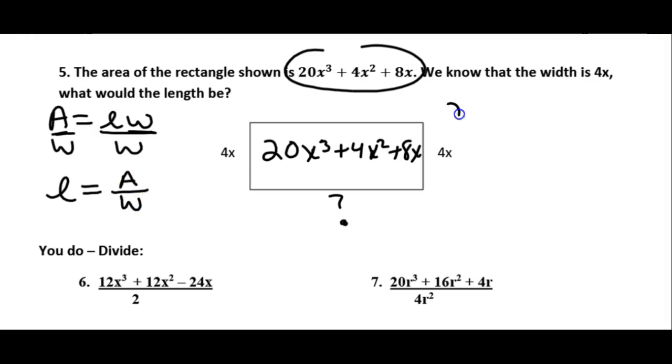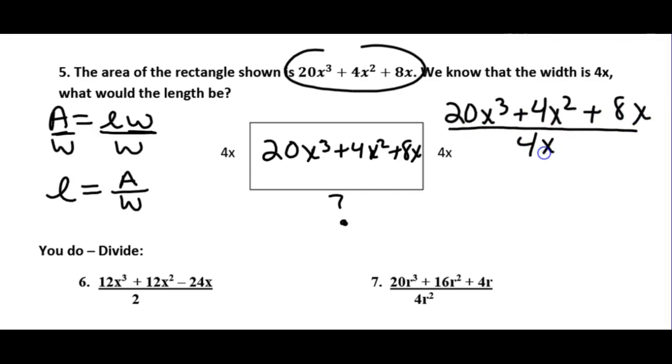I'm going to take my area, 20x to the third, plus 4x squared, plus 8x, and I'm going to divide it by my width, which is 4x. And I'm going to break it down into the mini problems, like we did on the front.